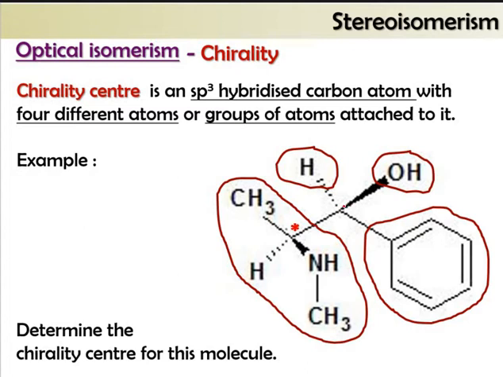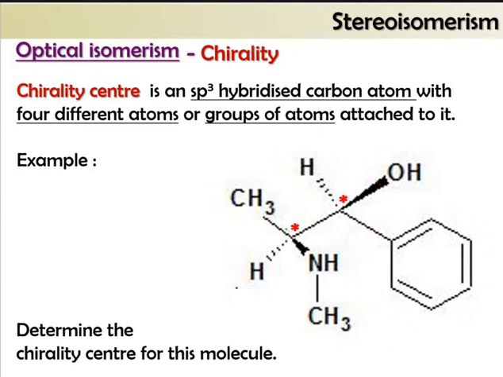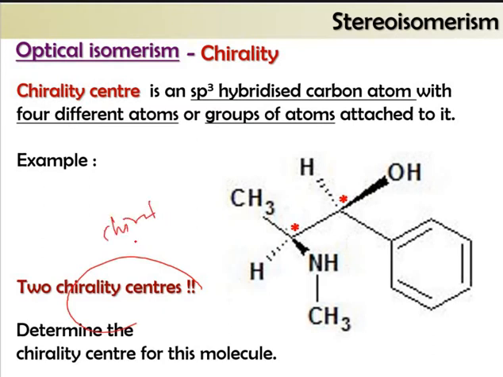Okay, so we have another chiral carbon here. Okay, total we have two chiral carbon in this structure. Okay, chiral carbon juga kita boleh kata dia chirality center. So, samalah, chirality center and chiral carbon. It is the same thing. Alright.